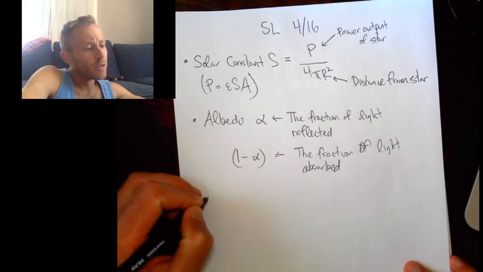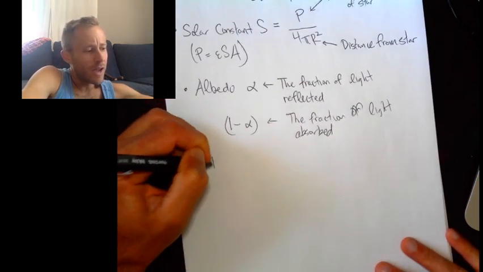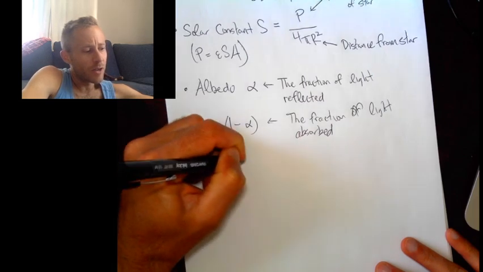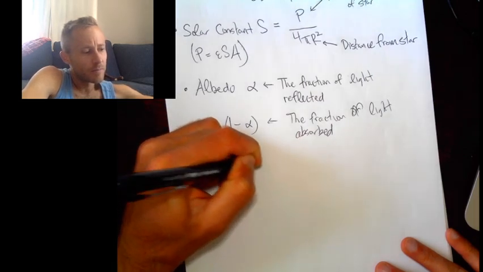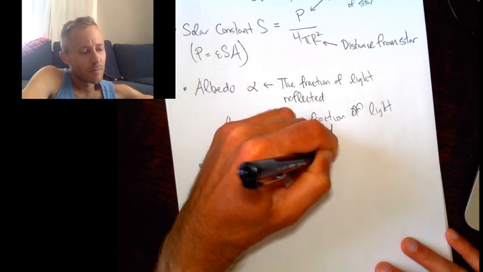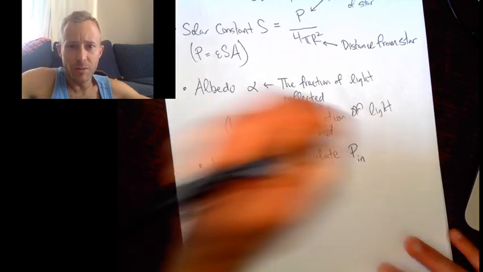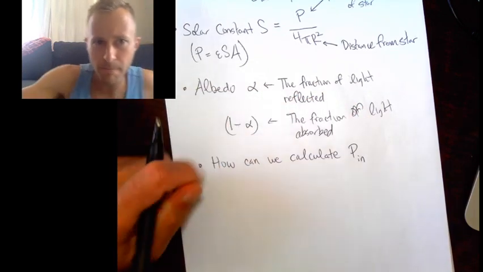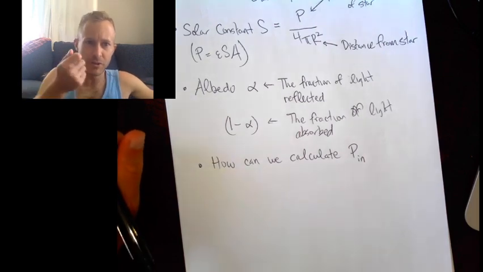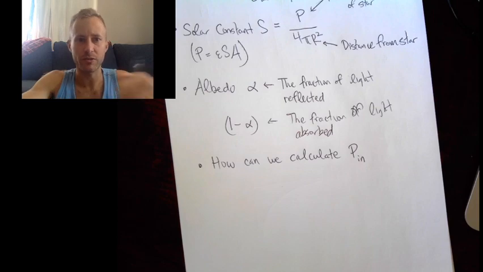Okay, so the next thing I want to talk about is how we can calculate the power that goes into an object. So we shine a flashlight on something. How can we calculate how much power is going in?